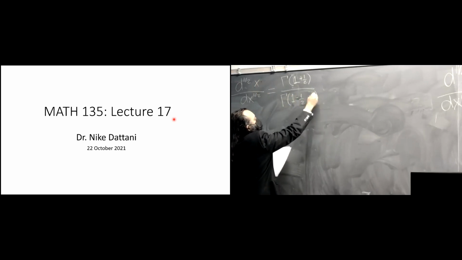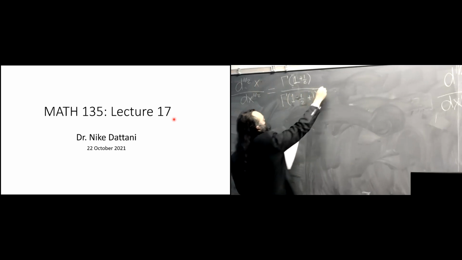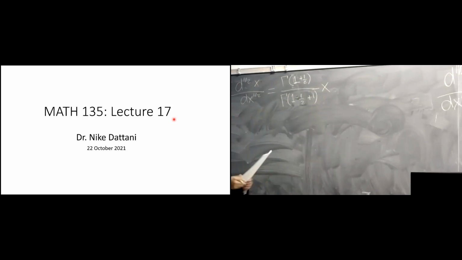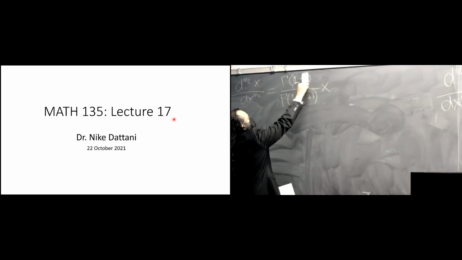So I have 1 plus 1 minus a half, so I should have 1 minus a half plus 1, right? And the numerator should be plus 1. Yeah, the numerator is just 1 plus 1. Good, you guys are better than me at this.